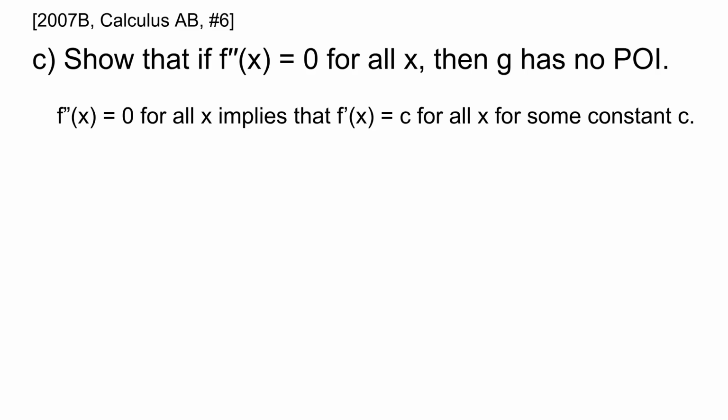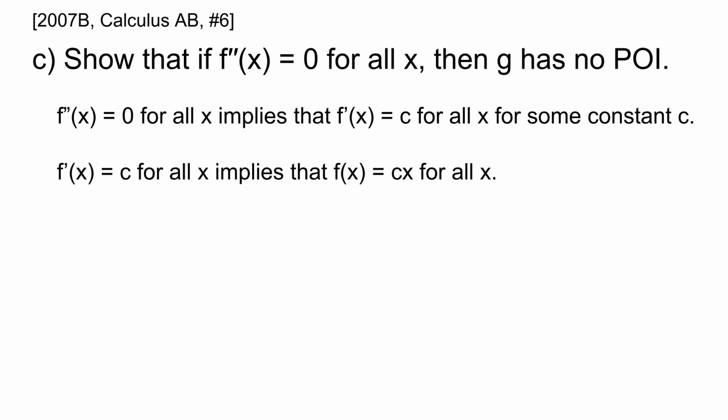So we're going to begin by assuming that f double prime of x is 0 for all x. And notice that this implies that the first derivative of f must be a constant for all x. For some constant c, it doesn't really matter what it is, it has to be a constant.